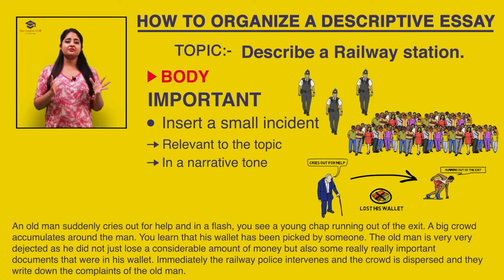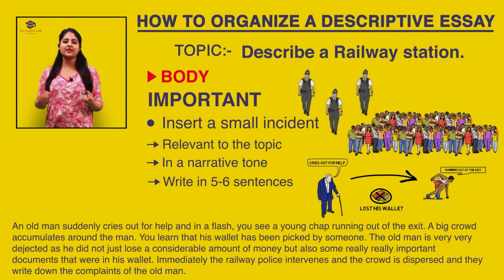But it's very important to remember that the incident that you will be mentioning should not be mentioned in a long paragraph. You can just write it in 5 to 6 lines, 5 to 6 sentences maximum, not more than that. Remember, a descriptive essay is all about descriptions. So focus on the descriptions.